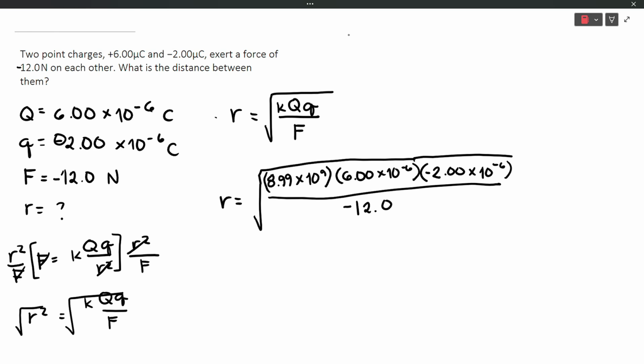So R, putting that in your calculator, so let's just try to solve this.